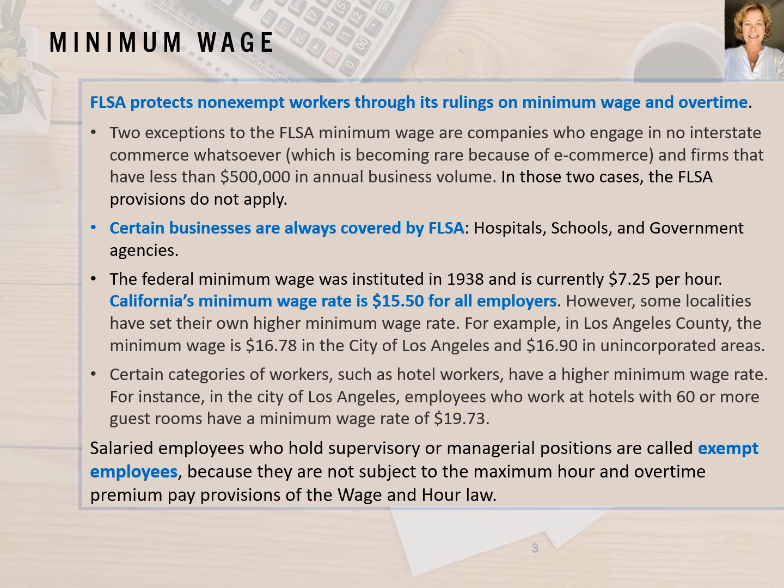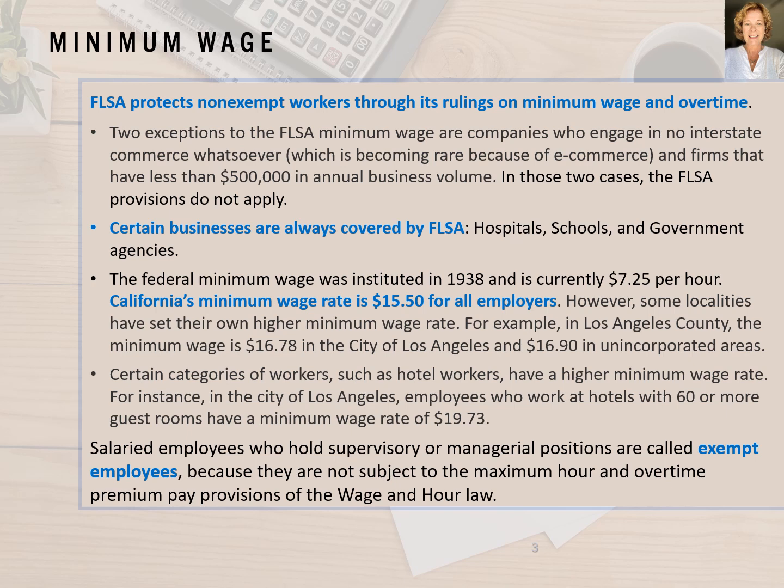However, some localities have set their own higher minimum wage rate. For example, in Los Angeles County, the minimum wage is $16.78 in the city of Los Angeles and $16.90 in unincorporated areas.